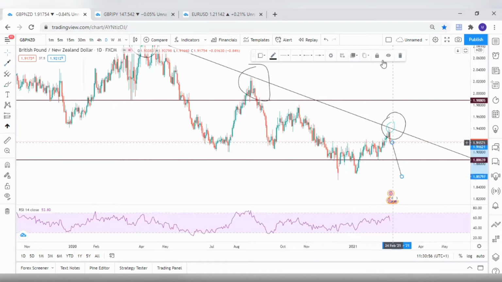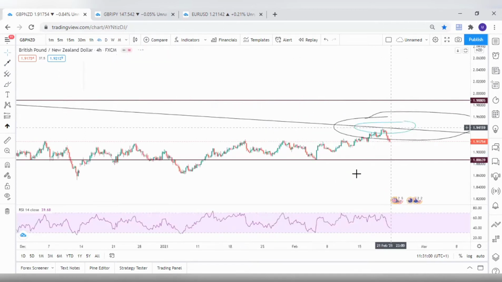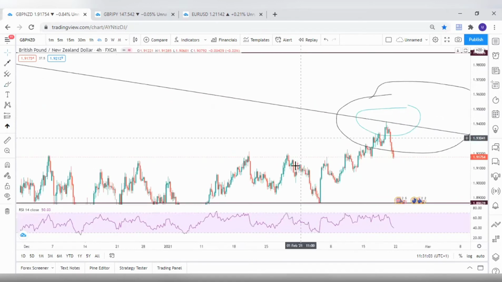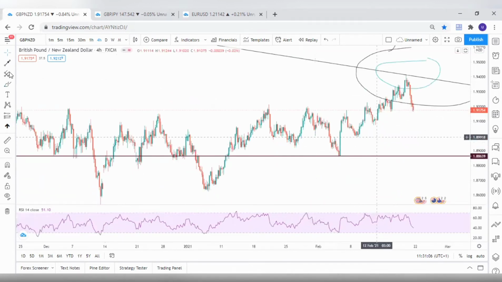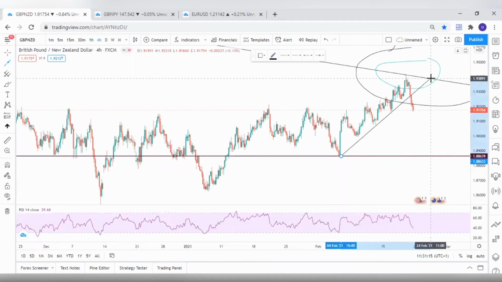And for us to get a quicker entry, we can go to the 4 hours time frame. As you can see in the 4 hours, let me zoom a little bit. Market has been on an uptrend right here, and price has just broken this trend.